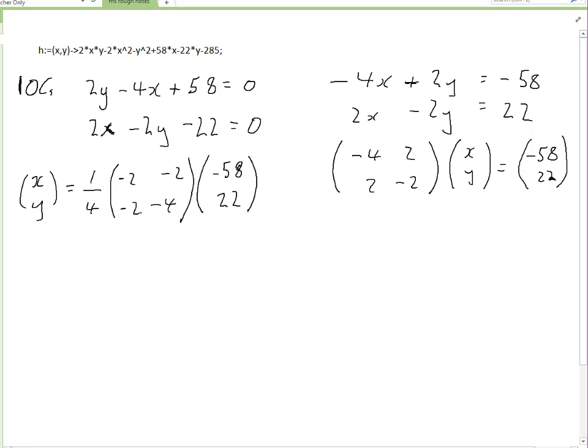And you should find something that looks convincing, hopefully. So I'm going to have positive 116, yeah, positive 116, and then subtract 44. That's 72, 22, okay.